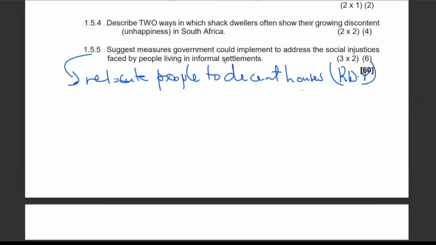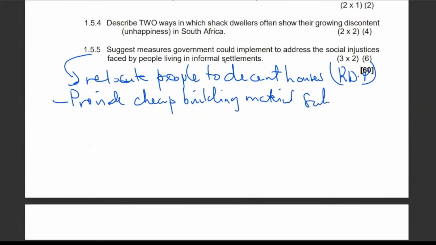And also what can be done? Provide cheap building material. Or we can say the government must subsidize the building material to the people so that they can be able to do their own construction of decent houses and be able to stay formally.